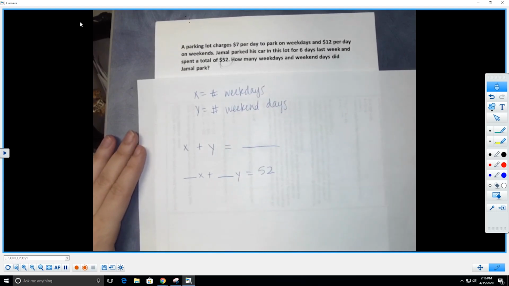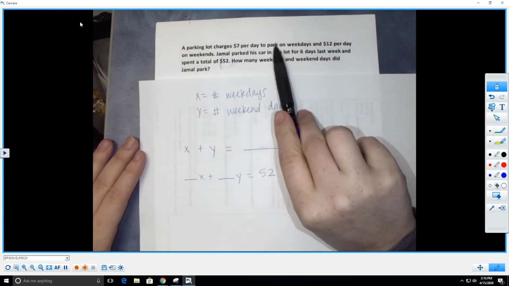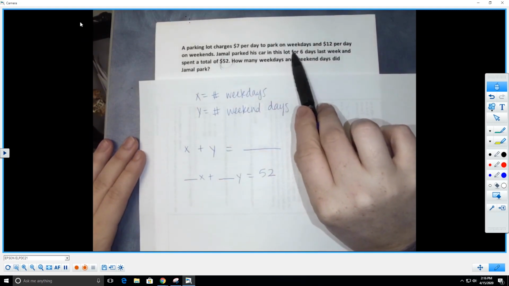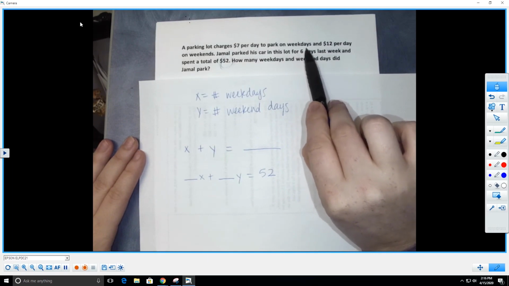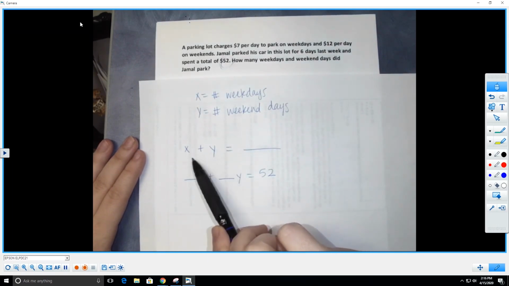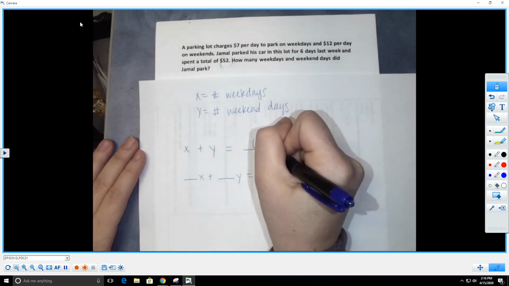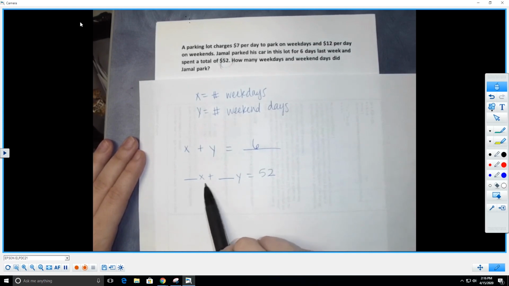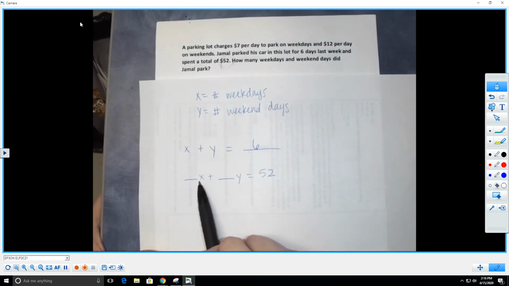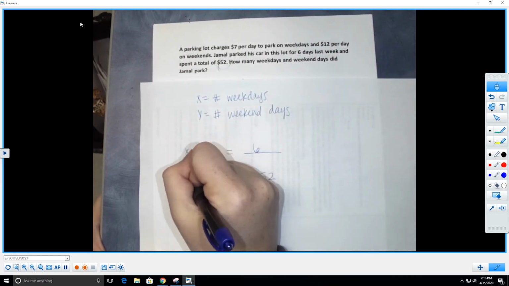So let's fill in the blanks. We know that x, which represents the days that we parked on weekdays, plus y, which represents the weekend days, we know that there was a total of 6 days. And then x is going to represent the number of days, and we know that it was $7 per weekday to park.